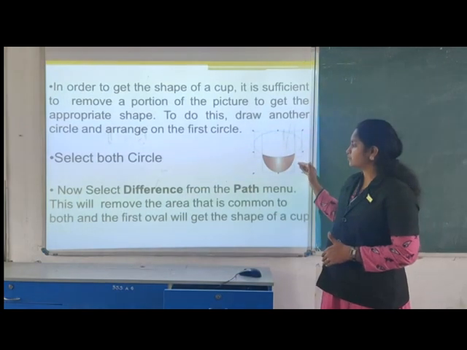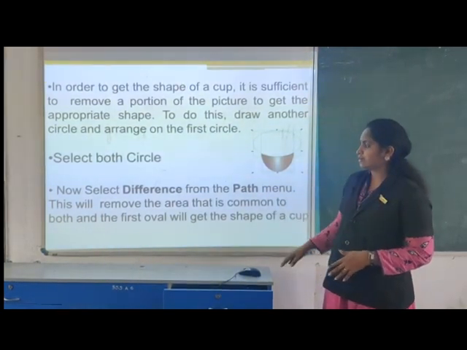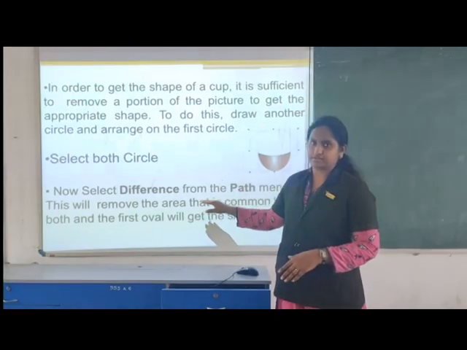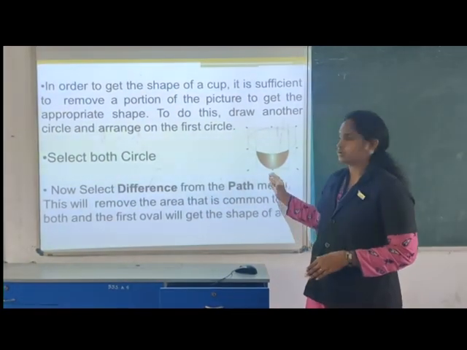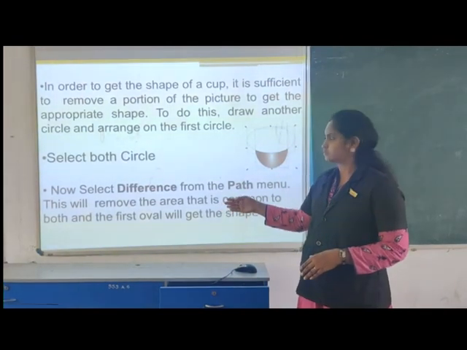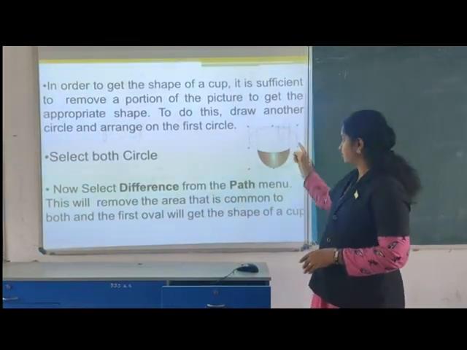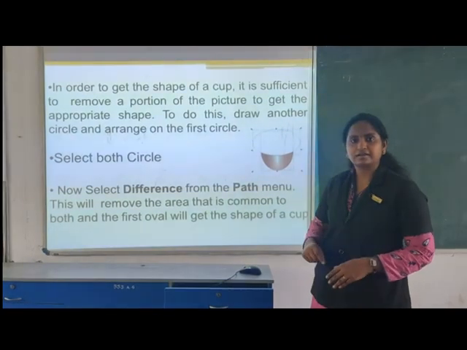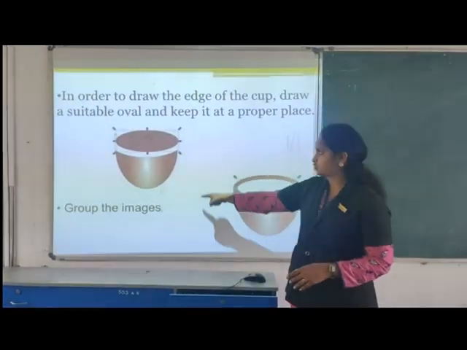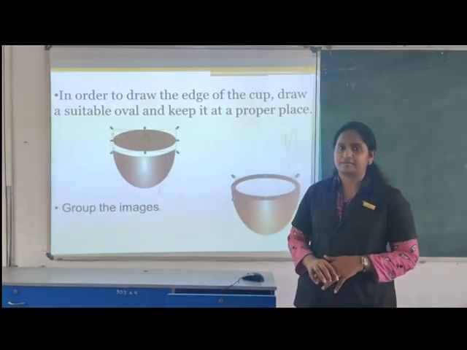How to remove the part? You have an option in the path menu, that is the option difference. After selecting the circles, click on path and select the option difference. It will remove a particular shape from that circle. Like this you will get the shape after removing the part.